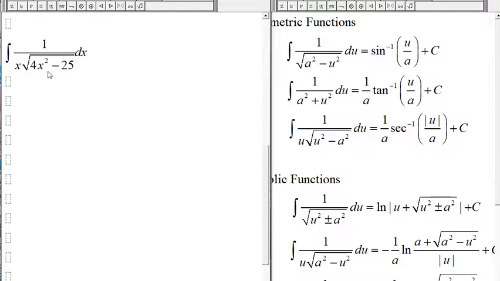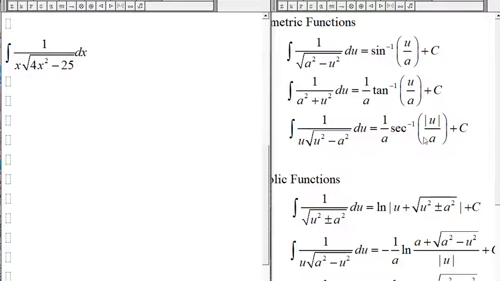And here we have the indefinite integral of 1 divided by x times the square root of 4x squared minus 25. And so it looks like with this, the matching formula would be this one.